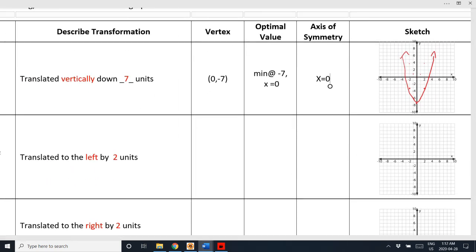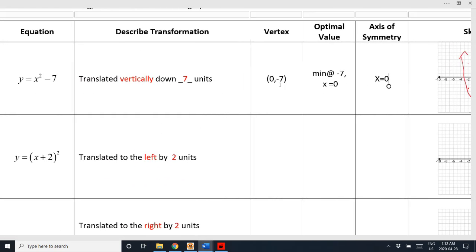Okay, so we have y is equal to x plus 2 squared, so that's translated left by 2 units. So our h value in this case is equal to -2. And our k value, since we don't have a k, is going to be 0.